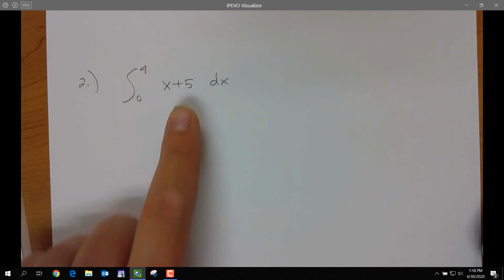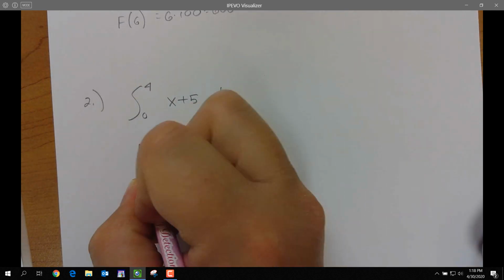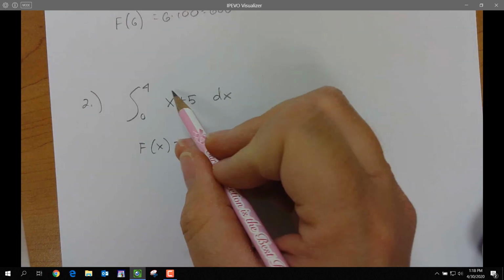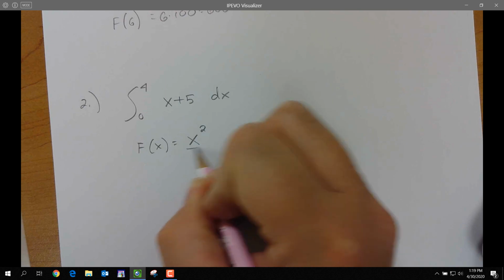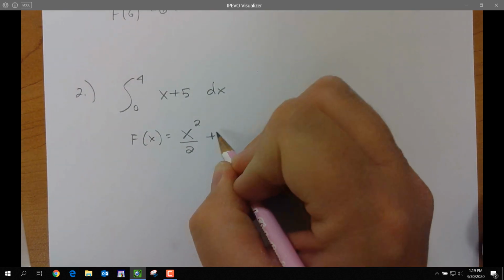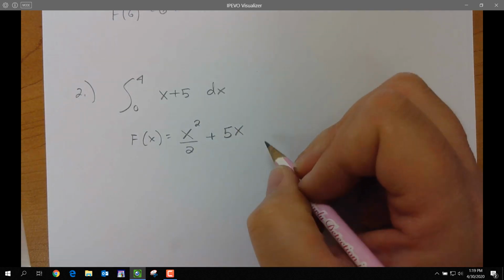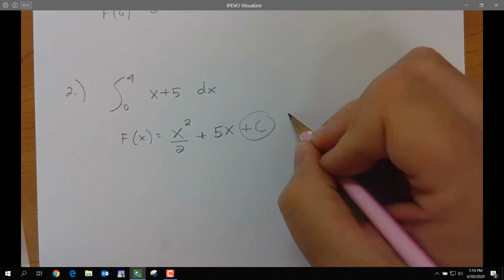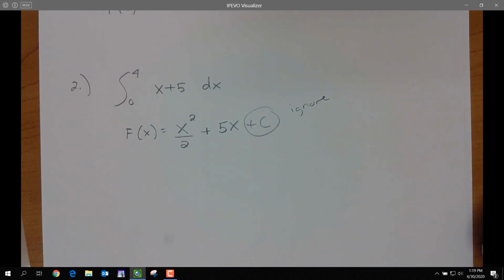So my first thing is to find the antiderivative, right? So my big F. Okay, so I know this x here will become squared. So x, you add 1 and then divide by that number that you made the exponent, plus this would become 5x. Dividing by 1 doesn't really matter. Again, we kind of ignore the constant, whatever it would have been. We don't know it, we can't use it.